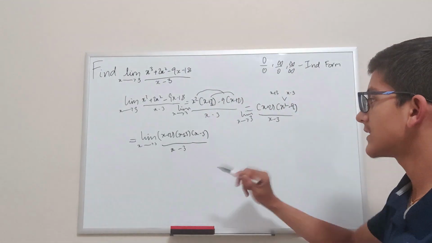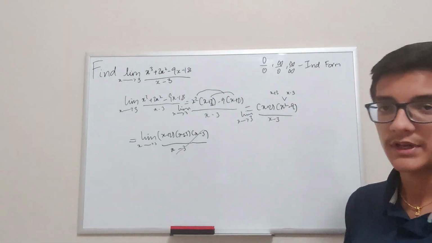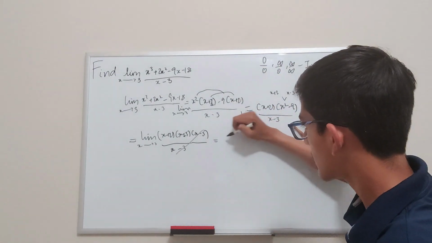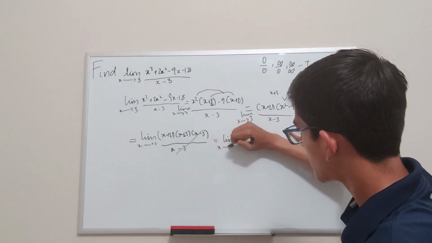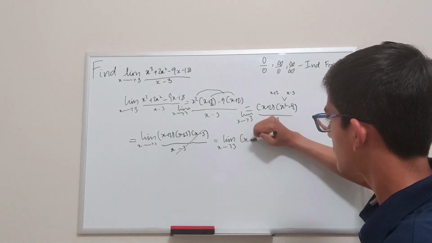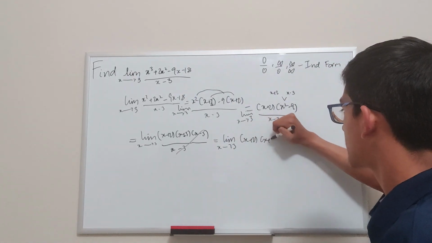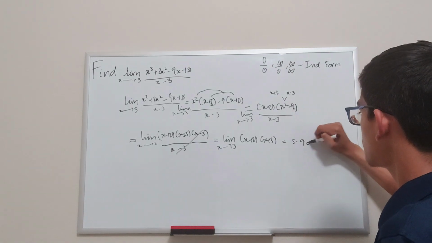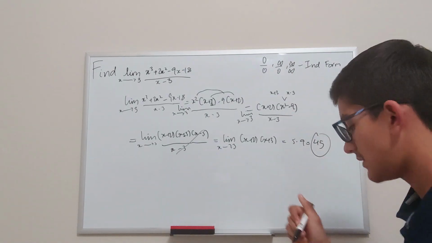And then we can cancel out the x minus 3 because it's multiplication. Well, technically it's division, but there's no addition or subtraction. And you're just left with limit x approaches 3 of x plus 2 times x plus 3. And you plug in your 3, you get 5 times 9, so 45 is our final answer.